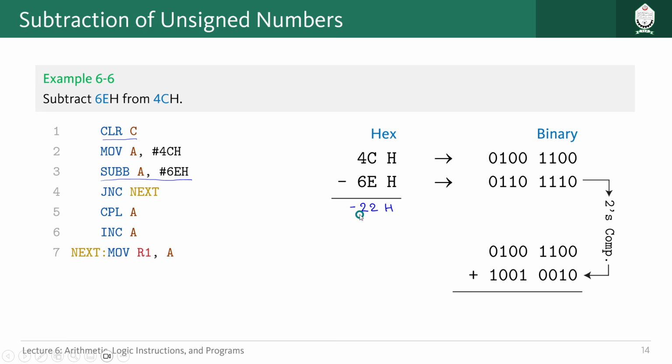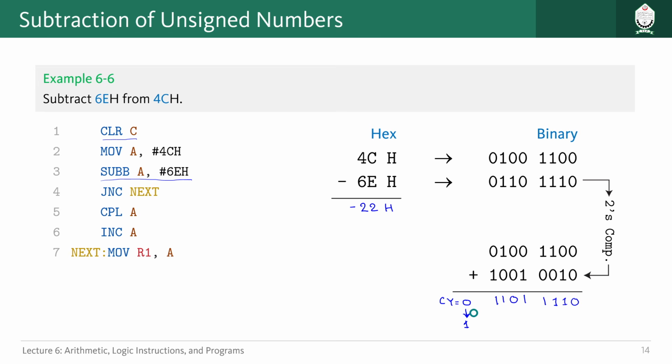If I take the binary, then take the 2's complement of the value, then calculate, you're going to see 0, then 1, then 1, 1, 1, 0, 1, 1, and carry is equal to 0 here, which will be automatically converted to 1, right? To indicate that the value we have got is not correct.